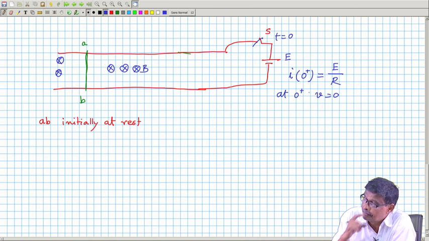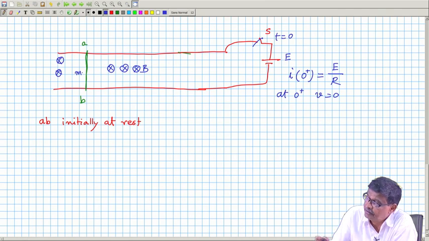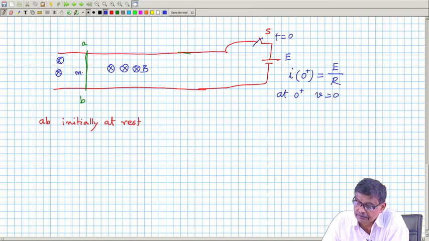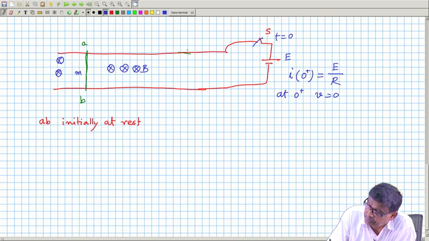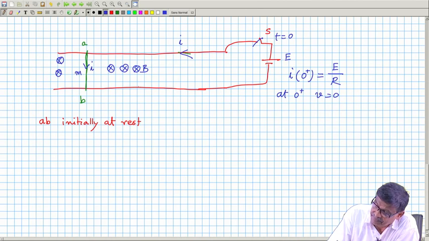The conductor was not moving, because it has got mass, its velocity cannot change. So at t equal to 0 plus the current will be like this, and what will be the direction of the current? It will be like this.